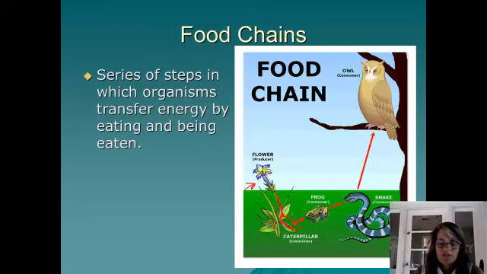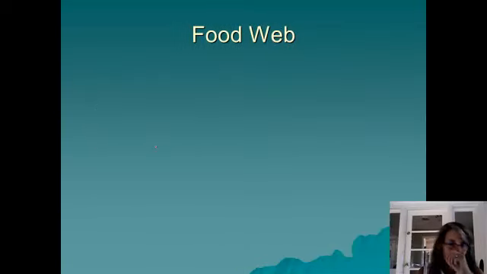The frog eats the caterpillar. The energy contained in that caterpillar now belongs to the frog. The snake eats the frog. The energy locked up in the tissues of the frog now belongs to the snake, and so on. Okay? So a series of steps in which organisms transfer energy by eating and, sadly, by being eaten.